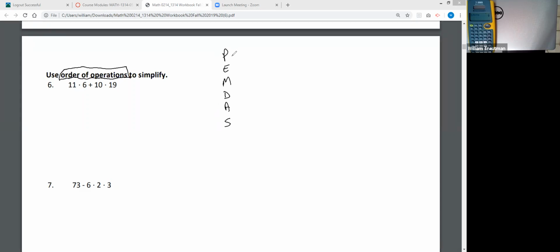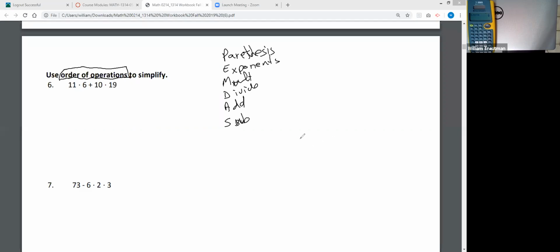P stands for do what's in the parentheses first. Do all the exponents, the powers, multiply, divide, add, and subtract. This was the order to do math. Now, there's a little bit more to this. I don't want to tell you yet. Nobody say anything, but there's a little bit more to this.